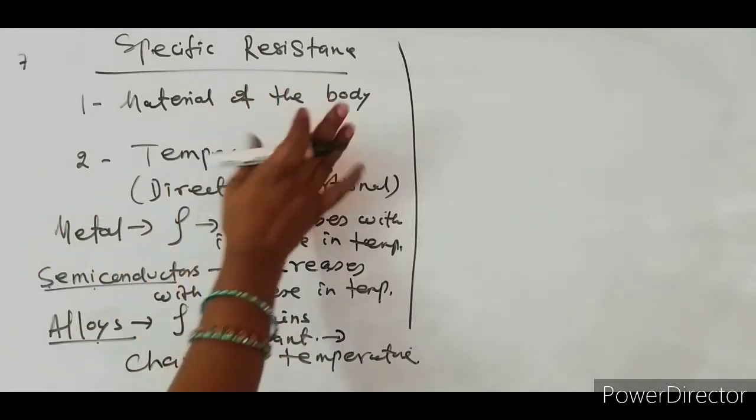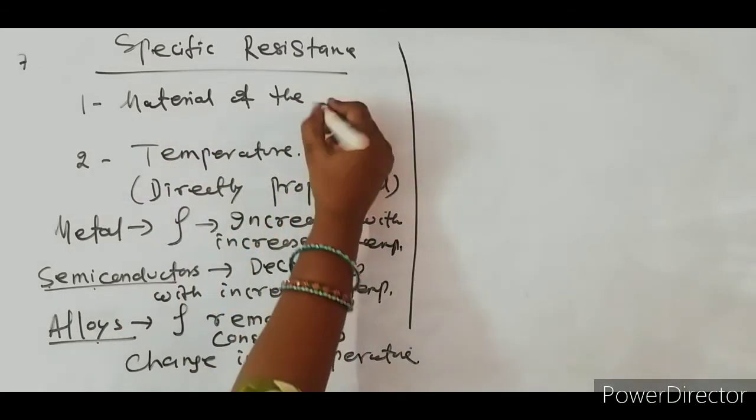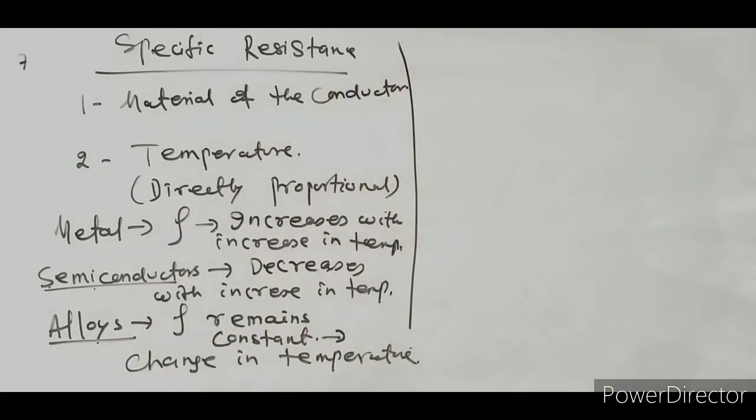So the specific resistance depends upon the material of the body or conductor. What type of conductor you are taking matters, and it is different for different substances. It is very low for metals, different for alloys, and different for semiconductors, and it depends upon the temperature.